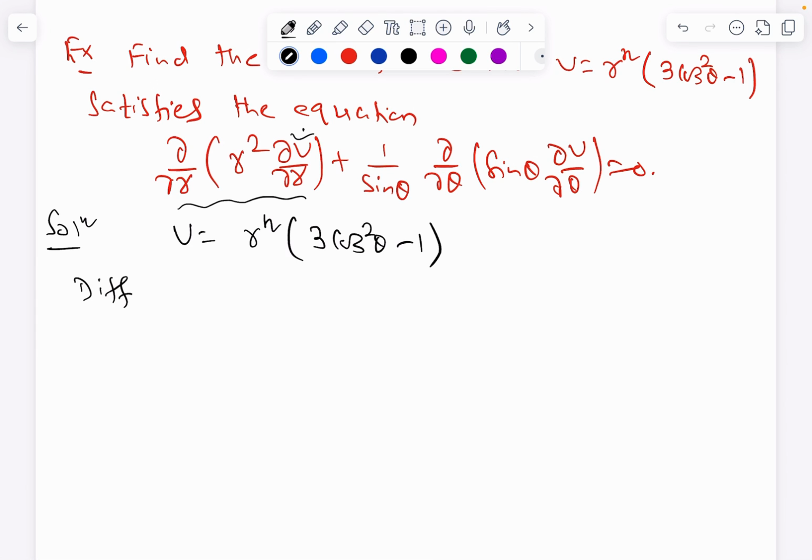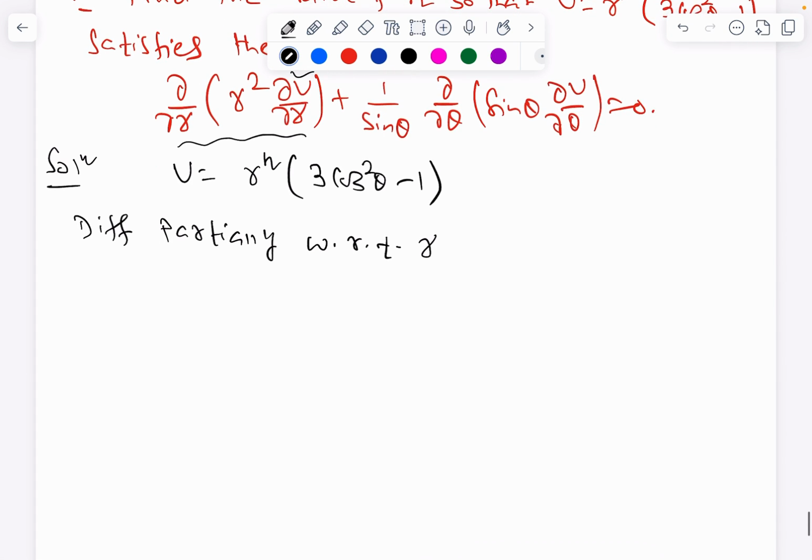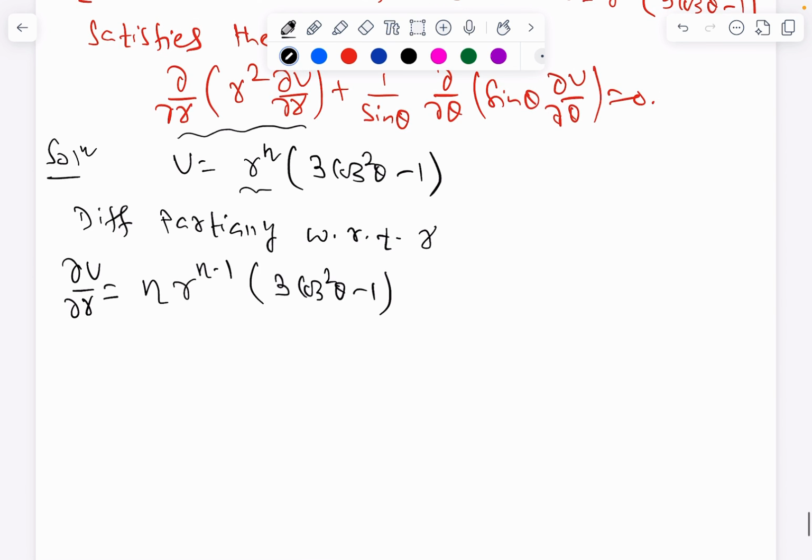So differentiate partially with respect to r. So del u by del r equal to, now r is here only, so it is n r power n minus 1 and this is constant. So 3 cosine square theta minus 1.